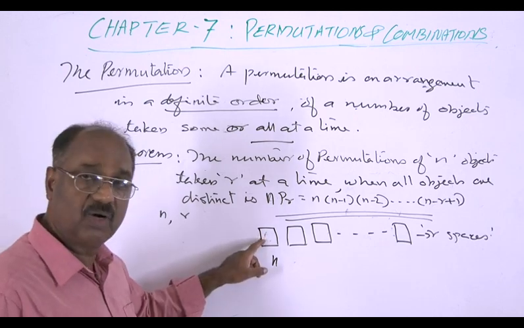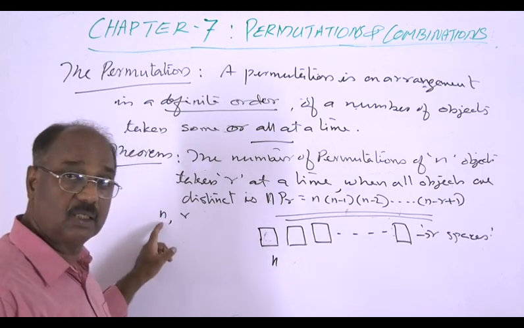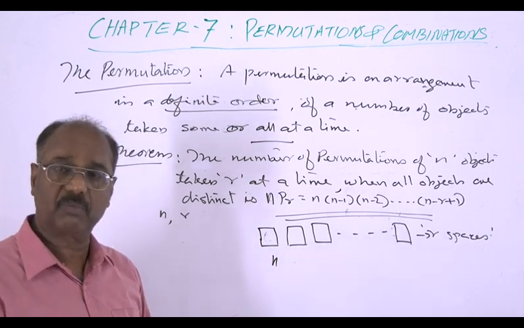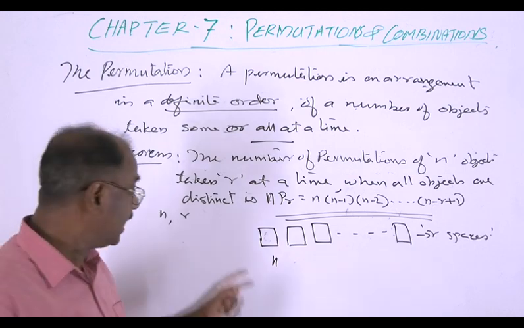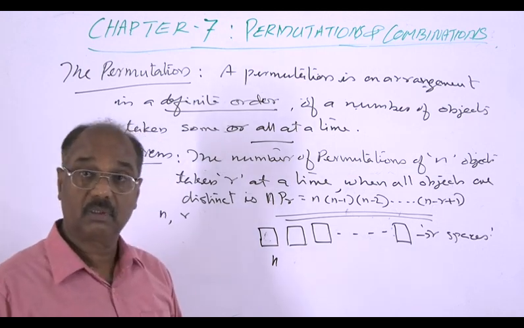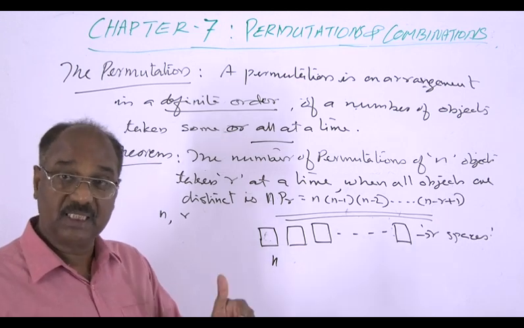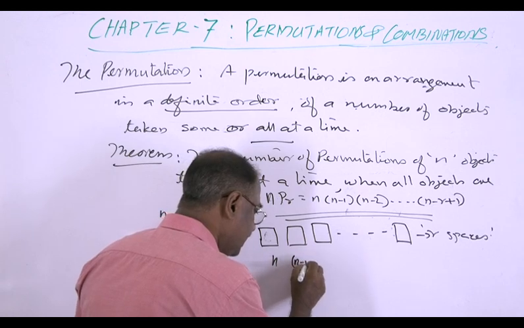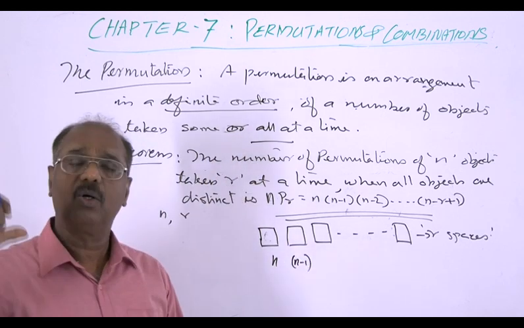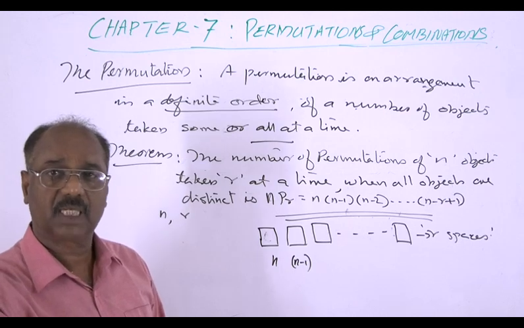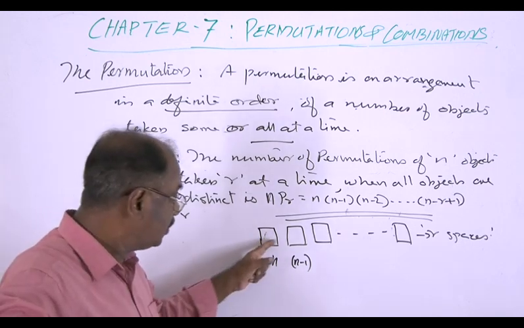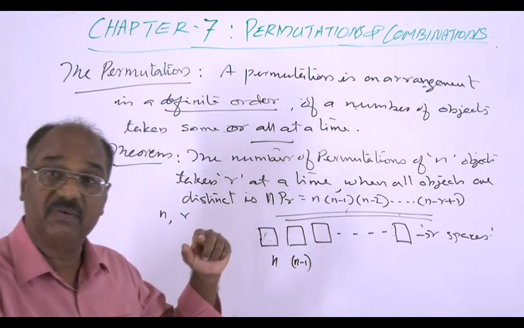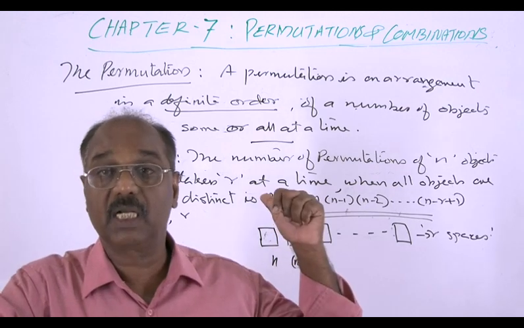So we have filled one space with one of these n objects. One object is removed from the collection, so there are n minus 1 objects. Using these n minus 1 objects, the second space can be filled in n minus 1 different ways. Then these two spaces can be filled in n into n minus 1 different ways, by the fundamental principle of counting.